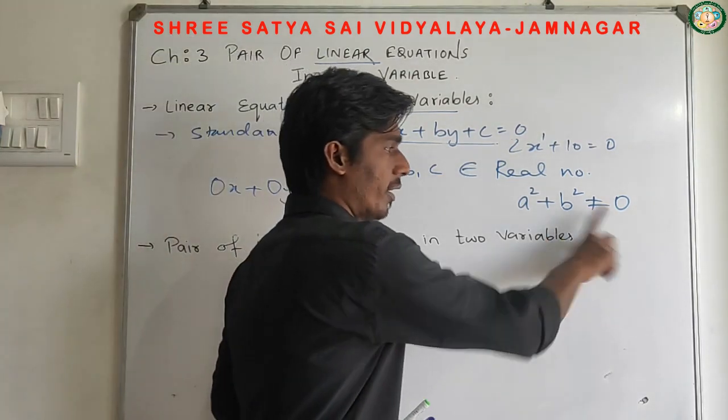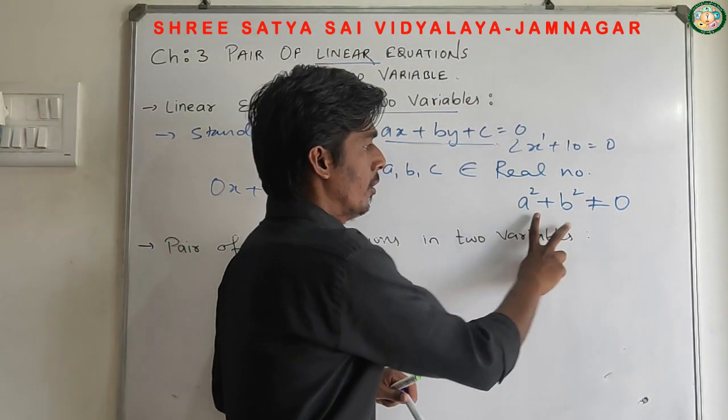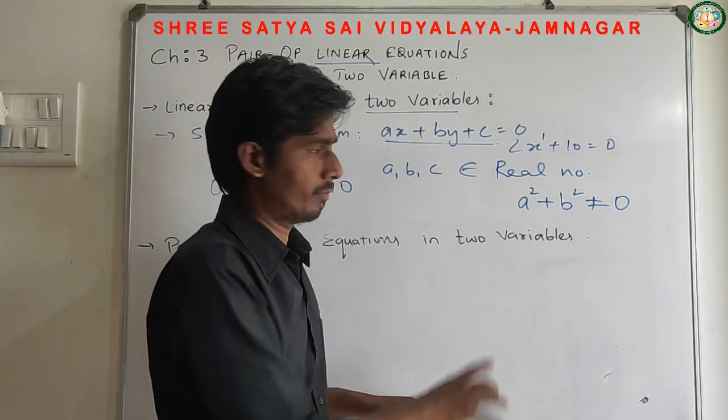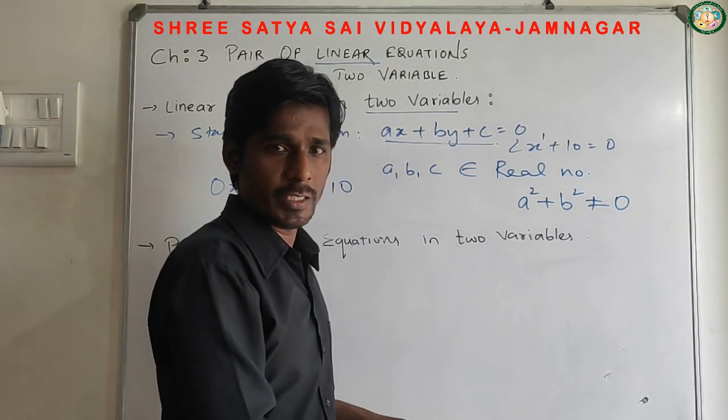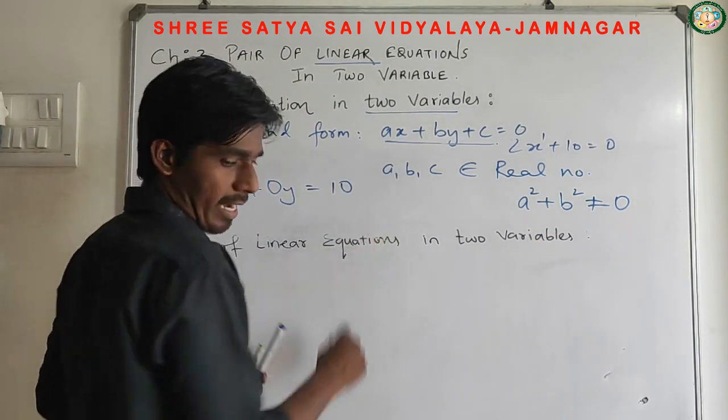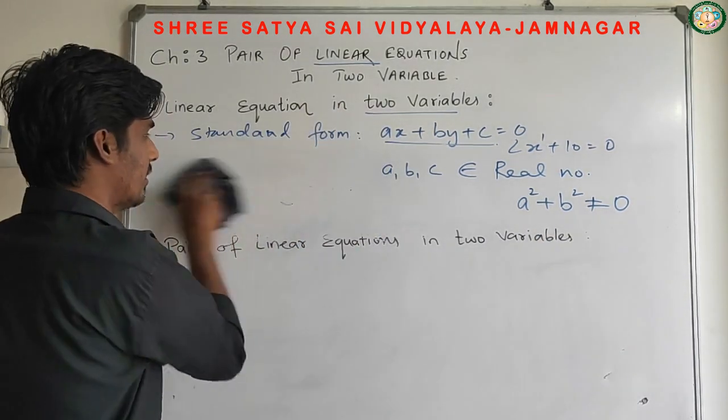Why am I writing it is not equal to 0? Because of the addition of the squares of both. The square of any number is always positive. And I said that a and b are never simultaneously 0.